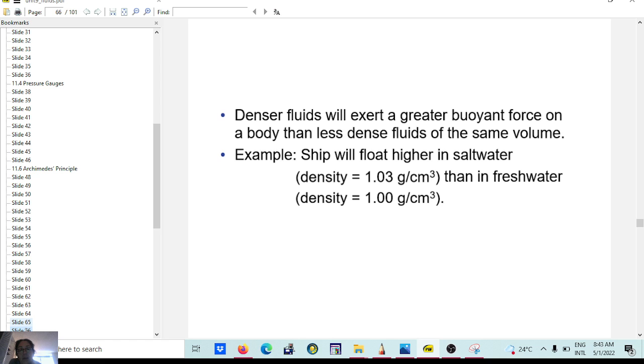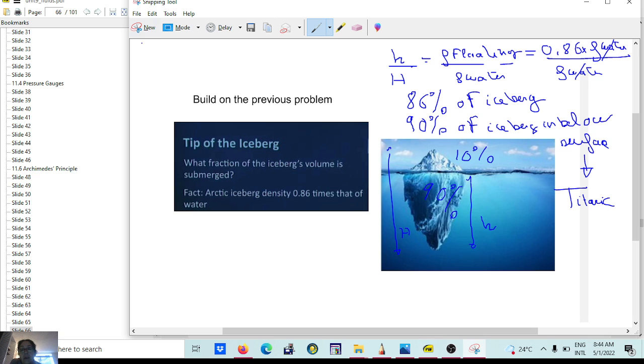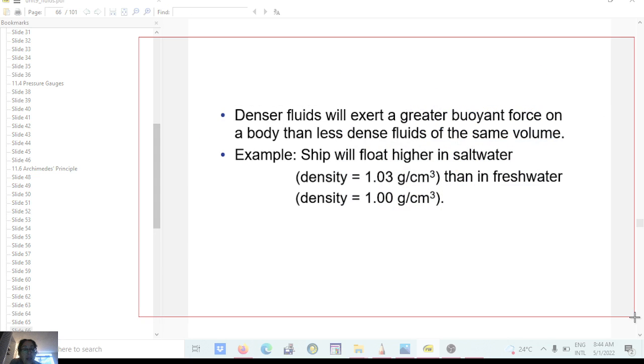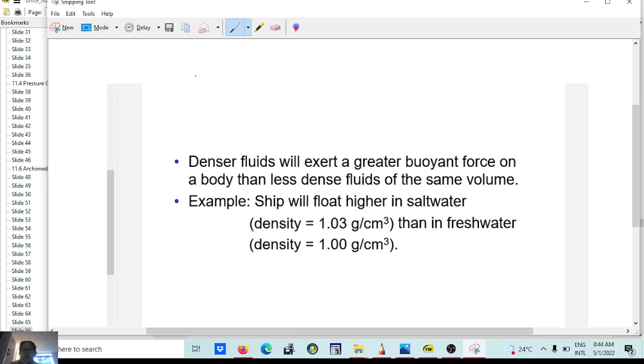Okay, so that's also interesting. The density of whatever the boat is floating on matters. You all know that the density of salt water is larger than the density of fresh water. So you have to be careful if something floats in fresh water, and then you move it to salt water, like the ocean.